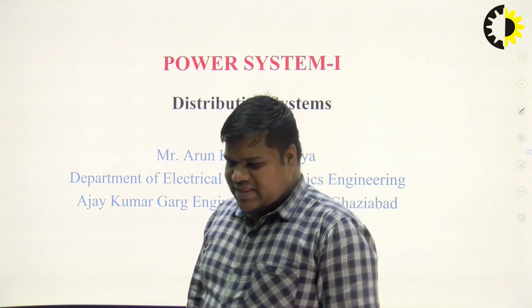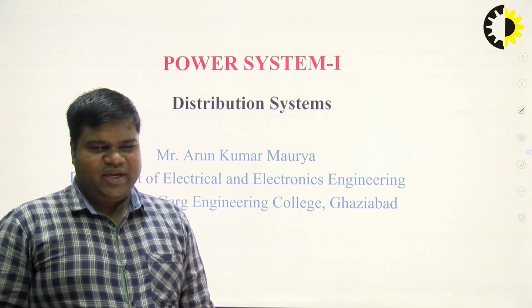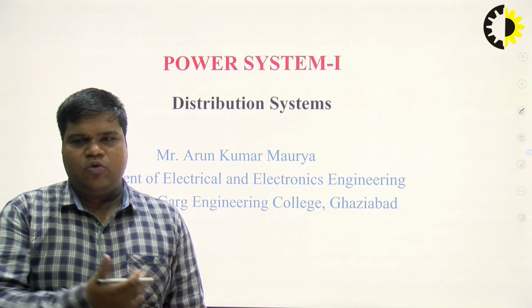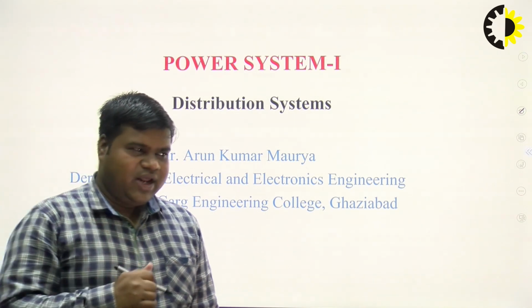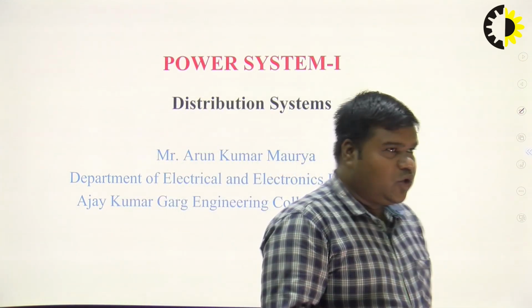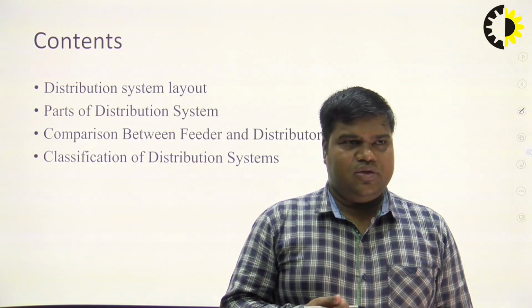This is used where we transmit the power from one end to the second end, from where the power is to be transmitted to the consumer side, so the distribution system is required.